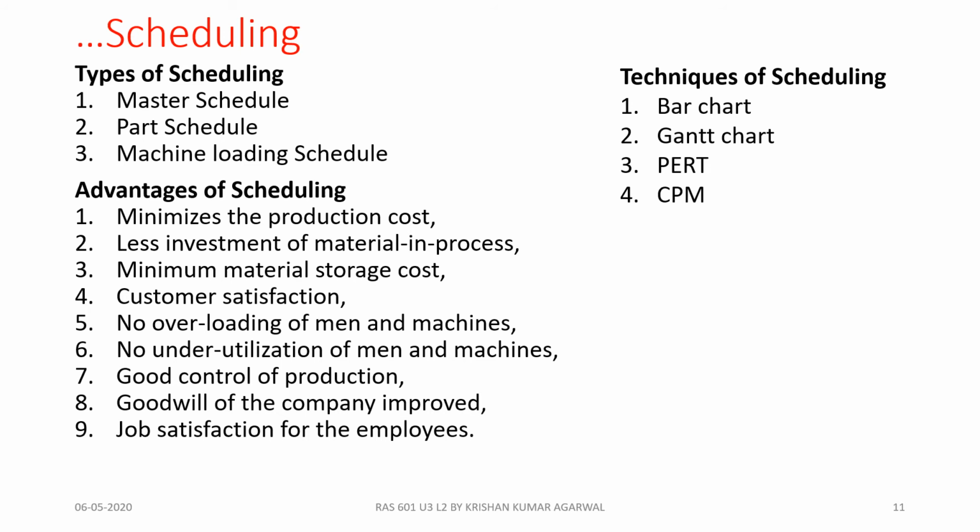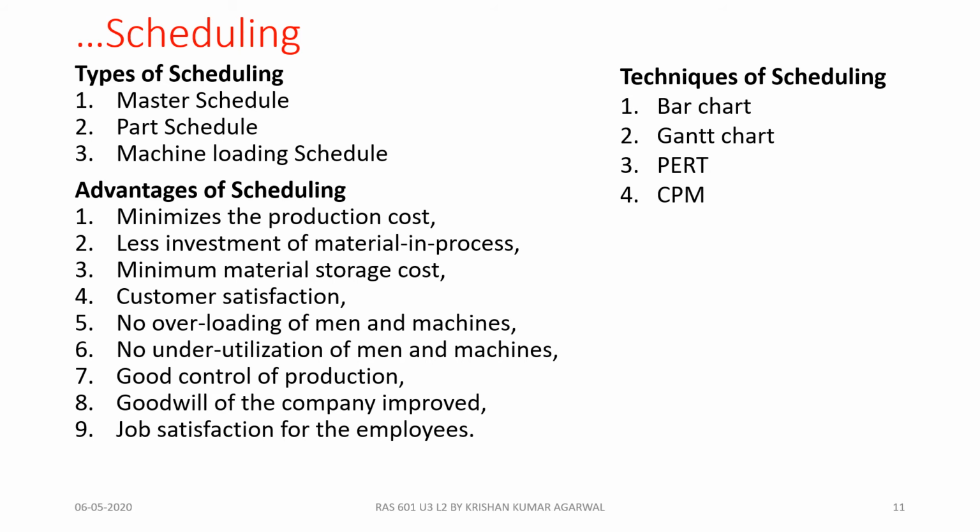Next, there are various types of scheduling plans and techniques that are prepared. The different types of scheduling are the master schedule or master planning schedule. This is the schedule or plan which tells about the sequence of operations as well as the time, like which activity will be performed at which time.